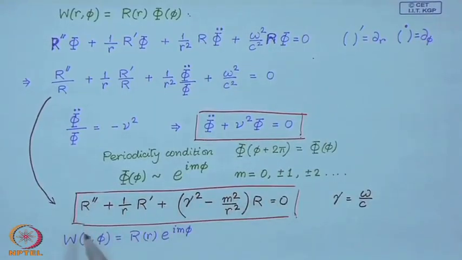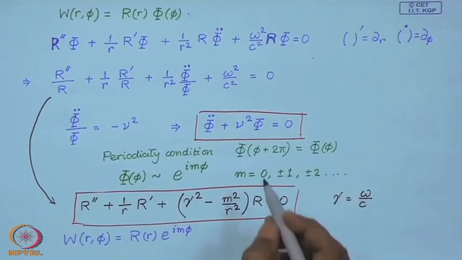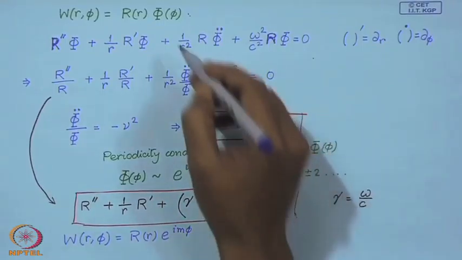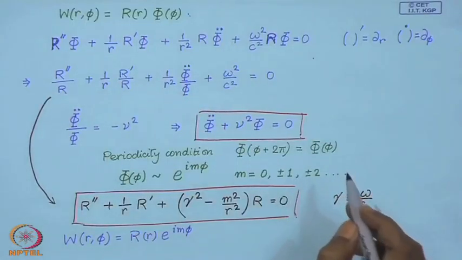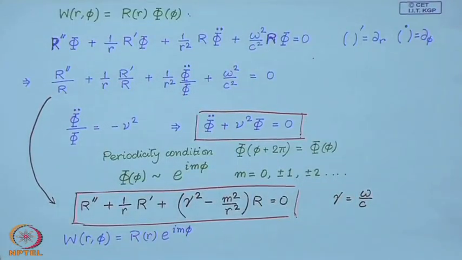Now we have to solve for this radial function. This has in addition the boundary condition. If you use the boundary conditions, then capital R at the periphery of the membrane, at r equal to a, must be equal to 0.